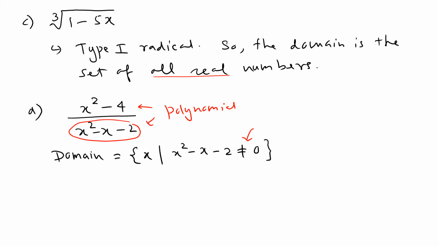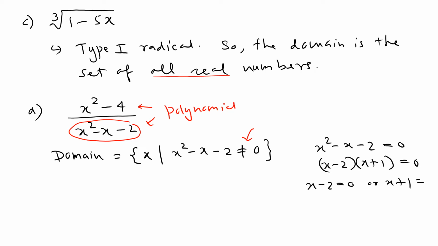Normally we set this equal to 0 and figure out what values make it 0, and we remove them. So we're going to find all the faulty values. To do that, we factor this. This is easy to factor. It is x minus 2 and x plus 1. Now we set each factor equal to 0: x minus 2 equal to 0, or x plus 1 equal to 0.